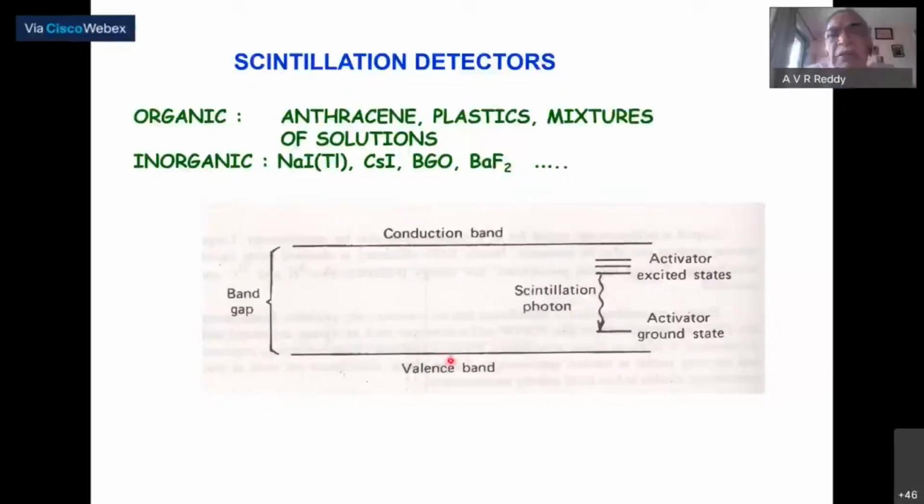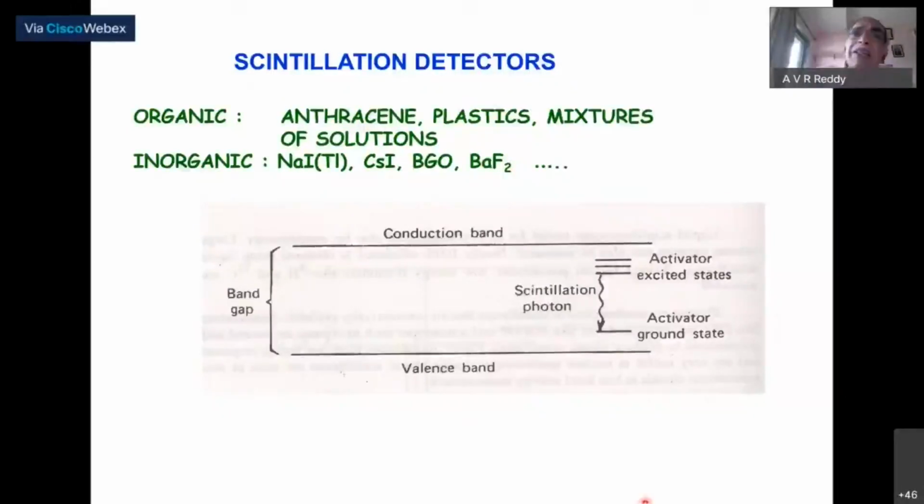Because of these steps, the first is it has to interact. That is the first thing. That depends, if you remember, on the atom density and atomic number. And now, over and above, when it is interacting, it should lead to a process in which it will go to the excited state. The excited state has to be populated, and the de-excitation process has to take place. And in the de-excitation process, these two levels have to be involved.